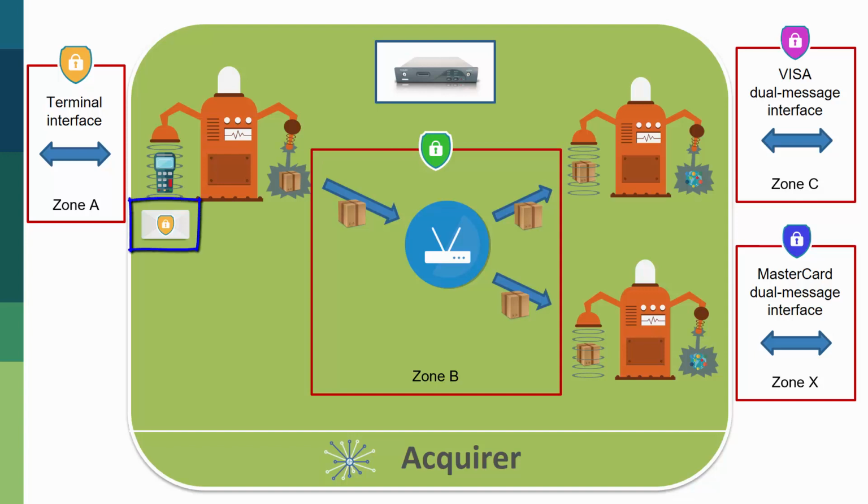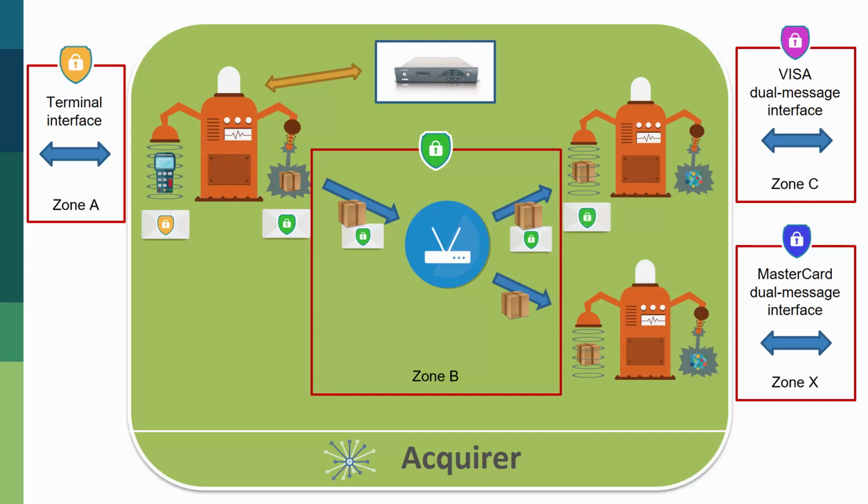So when an encrypted PIN comes with a terminal message, as part of the message conversion process, a call is made to the HSM to translate the PIN. And the message that comes out of the conversion process will contain an online PIN encrypted under the key for our zone B. That means that the new message can go anywhere inside the host, and the different internal processes will know how to handle this encrypted online PIN because they share the same PIN encryption key and have access to the same HSM.